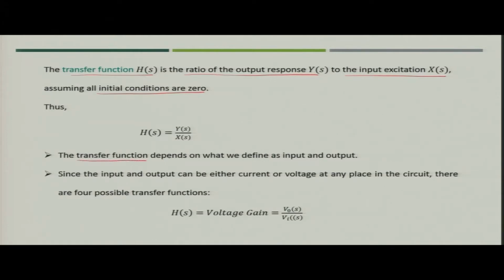The transfer function depends on what we define as input and output. Since the input and output can be either current or voltage at any place in the circuit, we can have four possibilities for the transfer function. First is H(s) as voltage gain, where you correlate the output voltage, that is the output response of the circuit, divided by the input excitation given in the form of voltage.